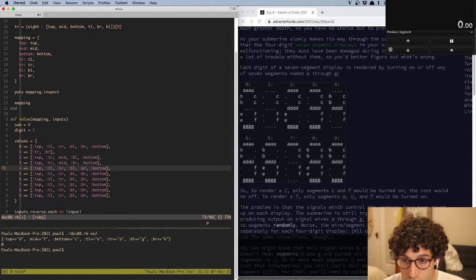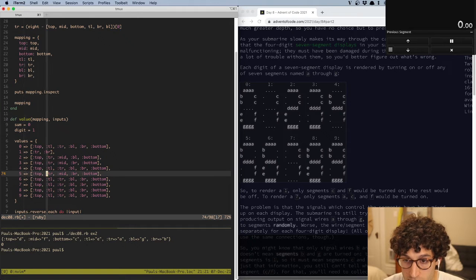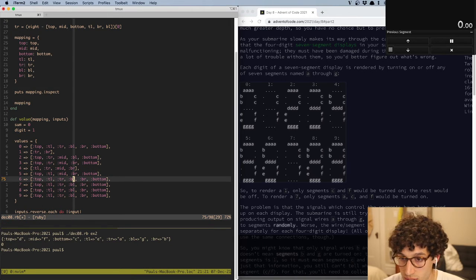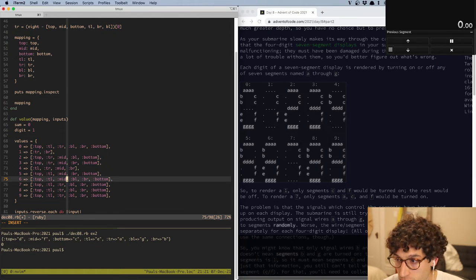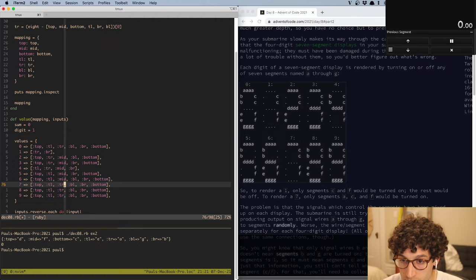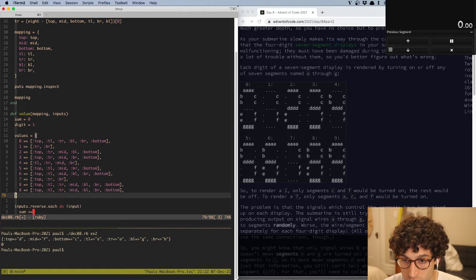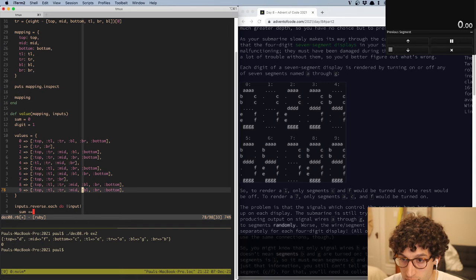This is also 5, except it's top left, bottom right. 4 is top left, top right, mid, bottom right. 6 is, instead of top right, it's mid. 7 is top left, bottom right, no, top right. 8 is mid. 9, everything except bottom left.